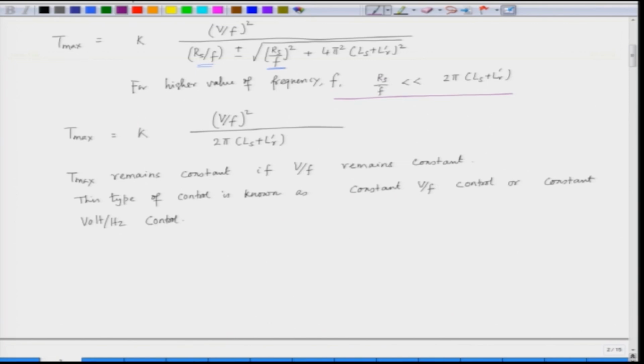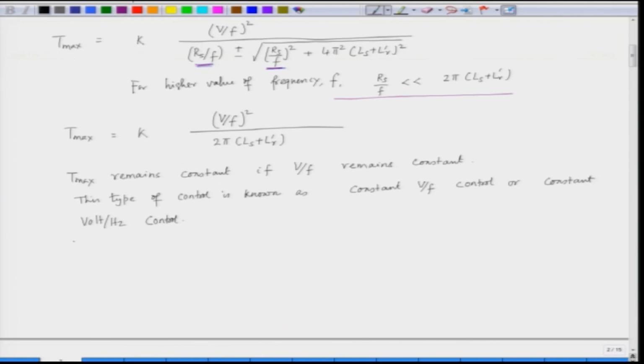So, if the frequency is low, this part will dominate. So, to maintain the same torque, what we have to do? We have to increase V by f. So, V by f, although it is kept constant for higher value of frequency, is increased for the lower value to account for the stator resistance drop.